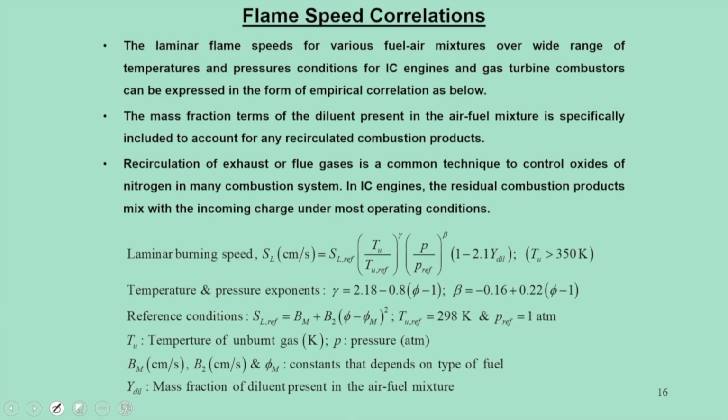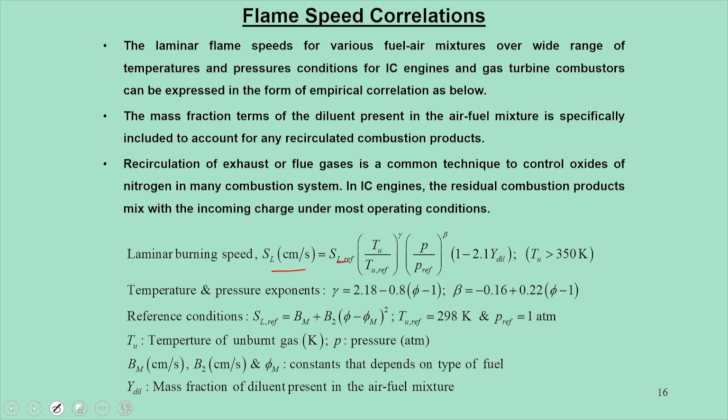So another generic formula was formed for developing a laminar flame speed, based on correlations developed with reference to reference conditions and the conditions at which we are looking, or any arbitrary conditions.